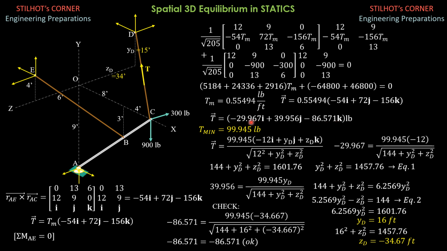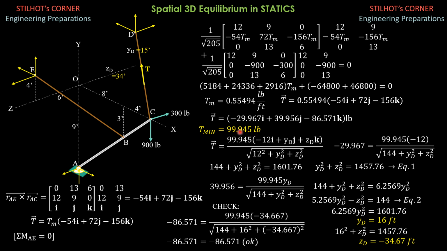So take note that X should be negative, Y should be positive, and the Z component is negative, in the backward direction. So the minimum tension, therefore, is the magnitude of this: square root of 29.967 squared plus 39.956 squared plus 86.571 squared. So it is 99.945 pounds.